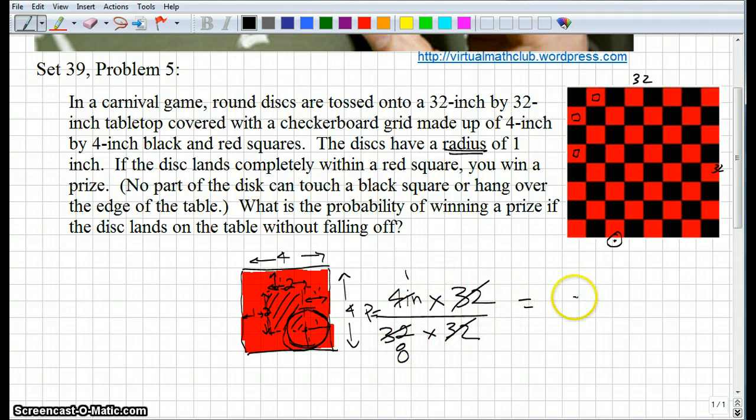So that's equal to 1/8. So we have a 1/8 chance of winning the prize if the disc does not fall off the table. And that's equal to 12.5%. Okay, so there you go. There's the answer, 1/8.